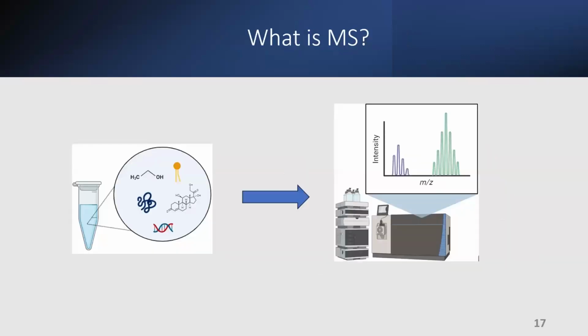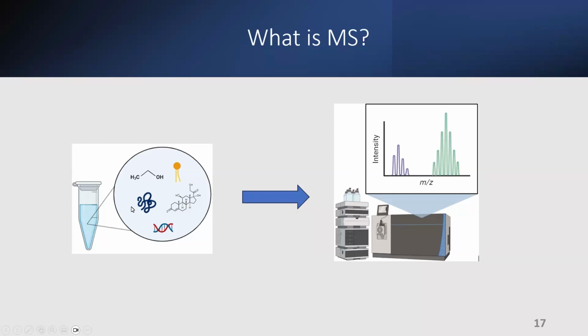Okay. So now she's saying, okay, so let's talk about what MS is. Mass spectrometry is a powerful analytical technique used to determine the masses of particles and the elemental composition of a sample or molecule. For example, you have a biological sample here with different molecules and compounds, such as DNA and proteins, and lipids and others.